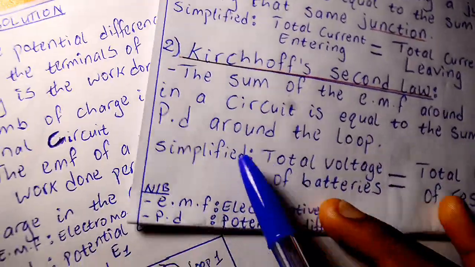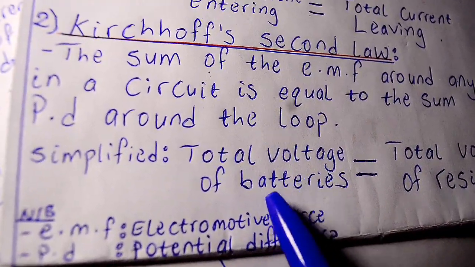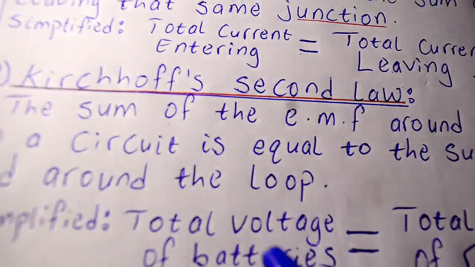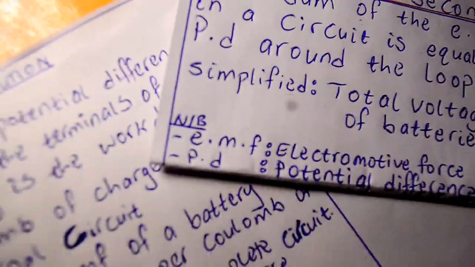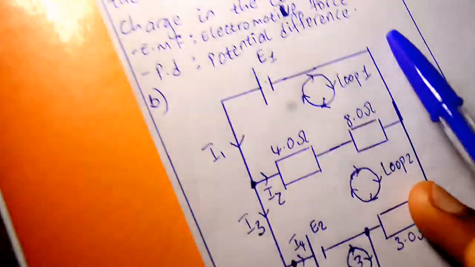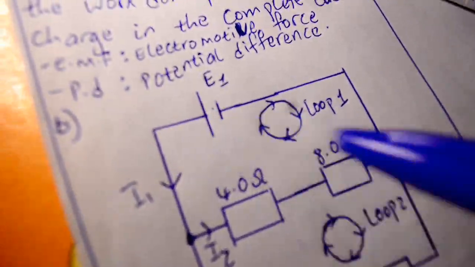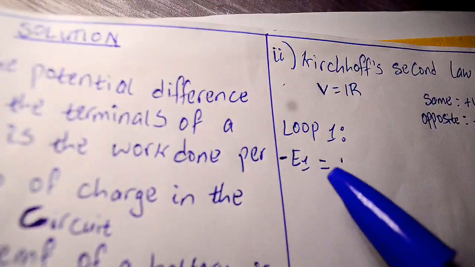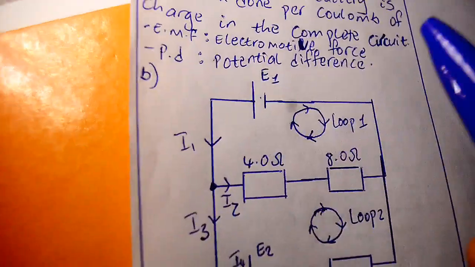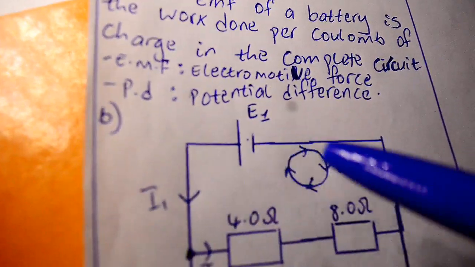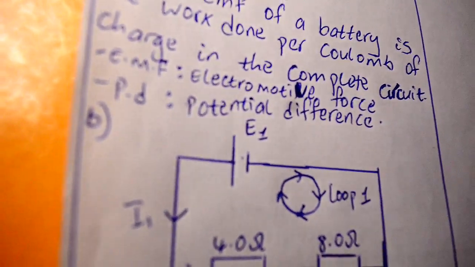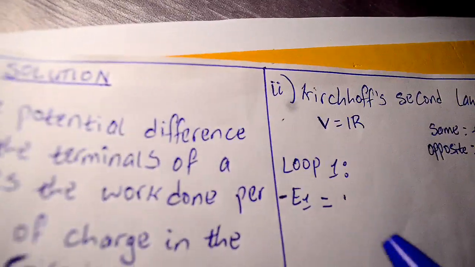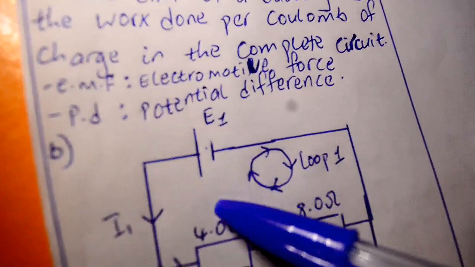Remember Kirchhoff's second law, the simplified version says the total voltage of batteries is equal to the total voltage of resistors. So what is the voltage of the batteries in this loop? There's only one battery there. Its voltage is, you write negative E1 because the current is moving towards the left while the loop is going towards the right. Since they are opposite directions, it must be negative. That's why you put a negative voltage for this loop here.